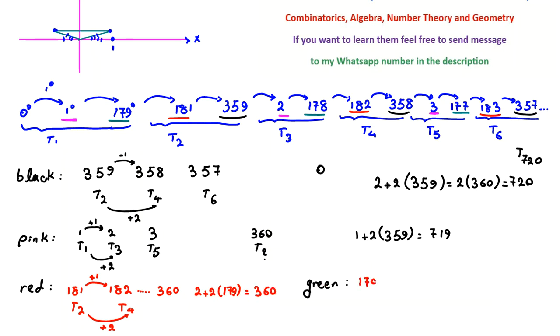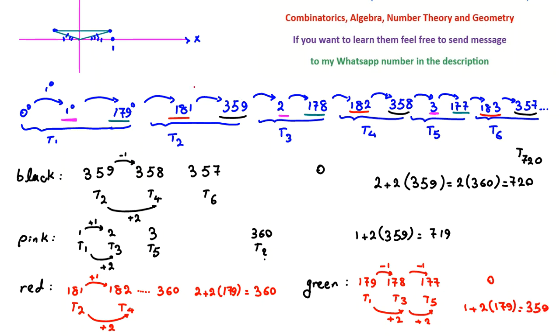We have 179, 178 in T1, 178 in T3, 177 in T5. So we have -1, -1. We want to reach 0. Here we have +2, +2. So 179 to 0, 179 steps. And you say, okay, +1 plus 2 times 179 steps. So it will be 2 times 180 minus 1, which is 359.